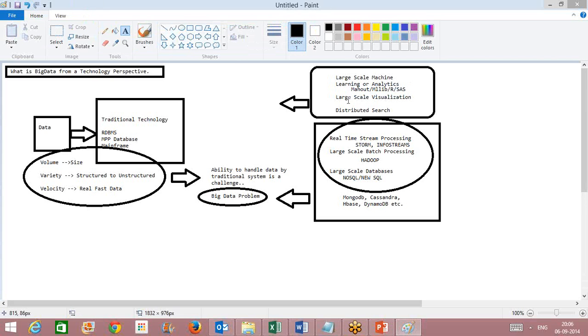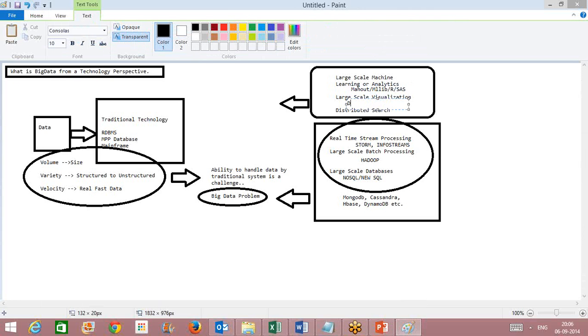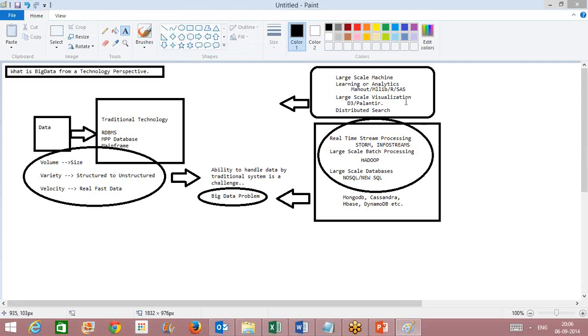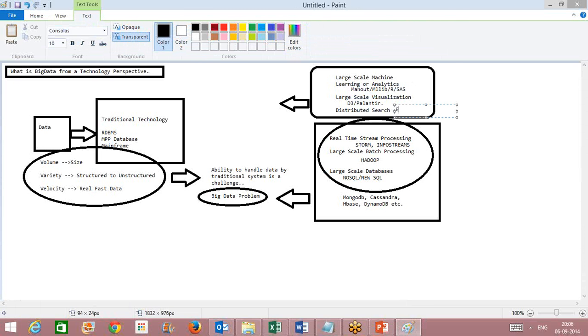When you go to large scale visualization, this area is pretty new. It's not matured at all. You see D3 visualization and some specific technologies like Palantir and so on, providing large scale visualization. When you come to distributed search, you see Elasticsearch, Solr and so on.